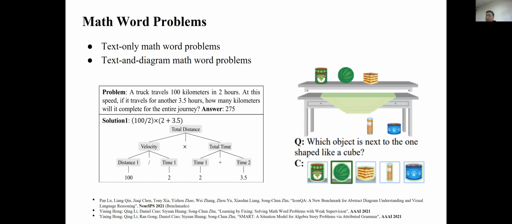The second type of question is the math word problem. For example, this is a typical elementary school math problem. A truck travels 100 kilometers in 2 hours. At this speed, if it travels for another 3.5 hours, how many kilometers will it complete for the entire journey? So the answer is 275.